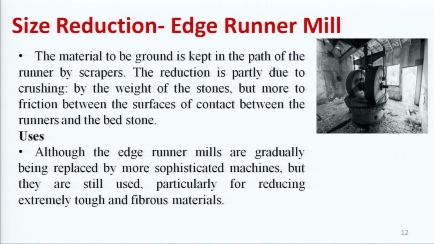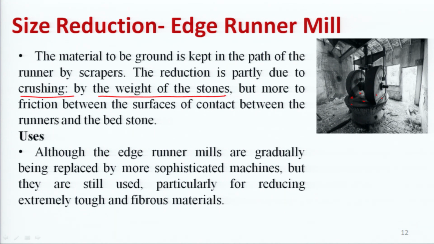The material which is used for size reduction is kept in the path of the runner, or by scrapers. The reduction is partly due to crushing. Due to the high weight of these rollers, size reduction takes place, or we can say crushing by the weight of the stones.